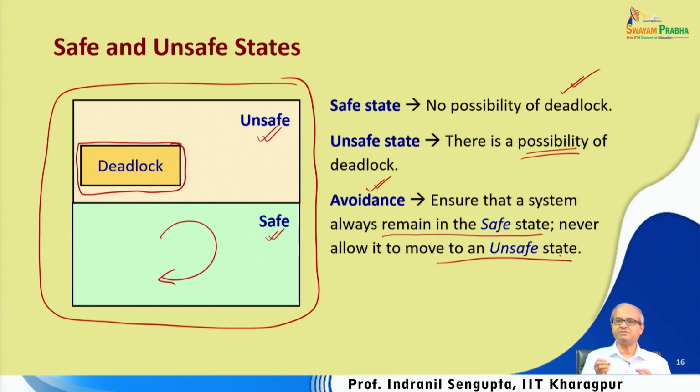The OS assumes, suppose I allocate this resource to the process, will the state become safe? It will try to find out whether such a sequence of process execution exists. If it exists, it will say yes, it is safe, I can allocate the resource. But if it is not safe, it will not allocate; it will ask the process to wait. This is the basic idea.